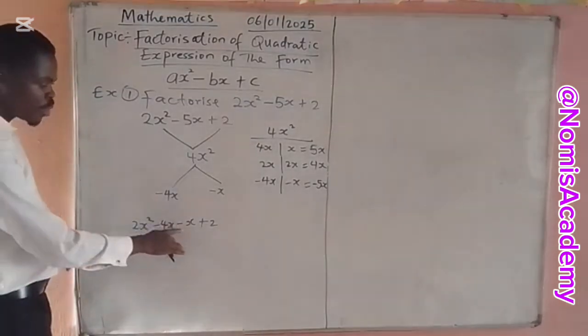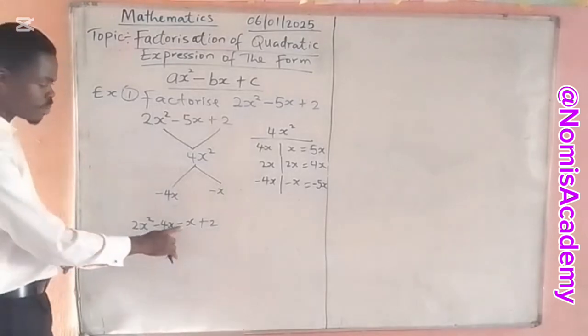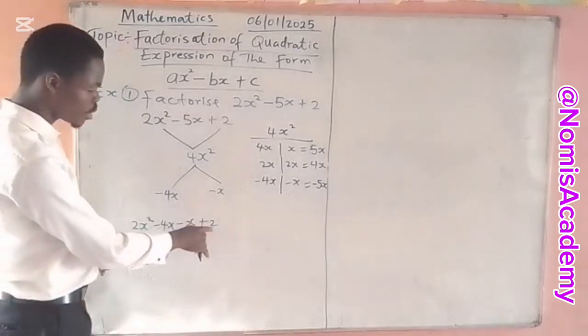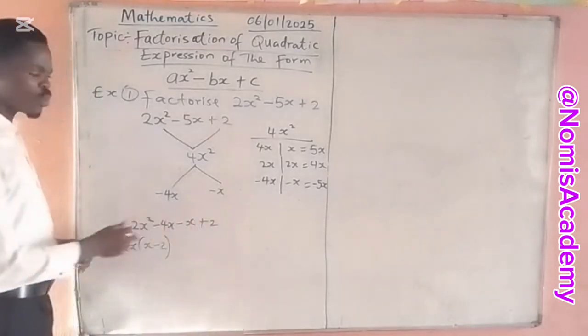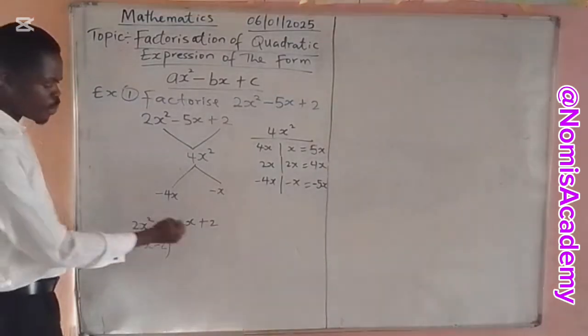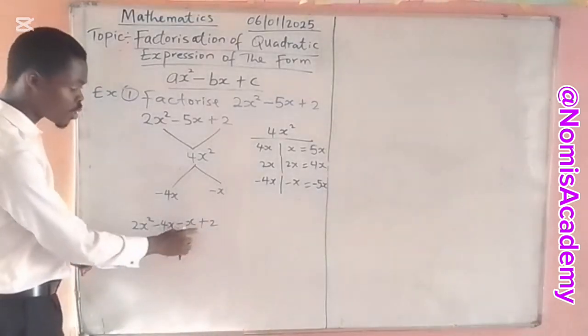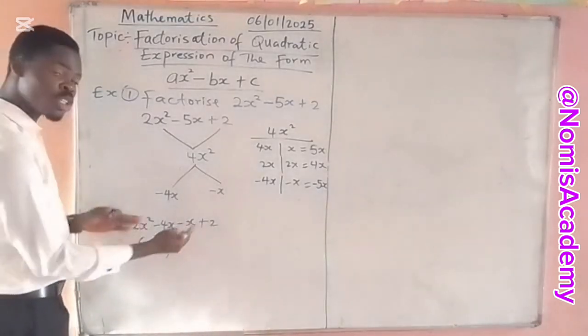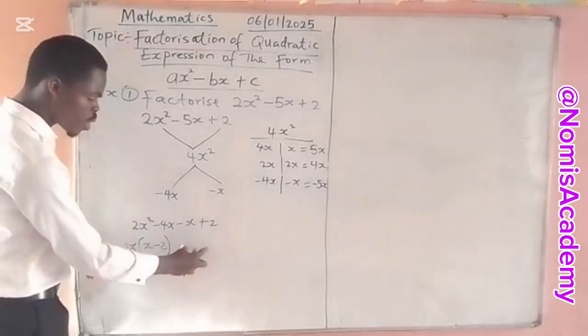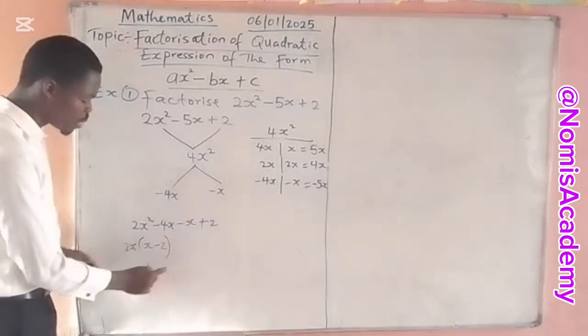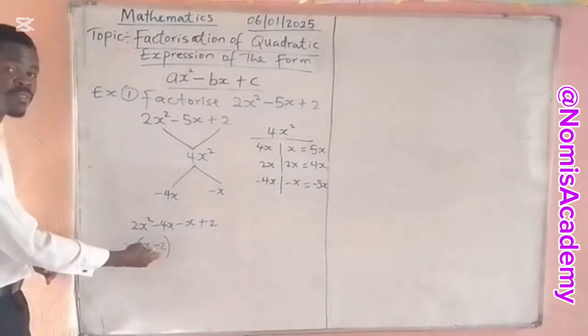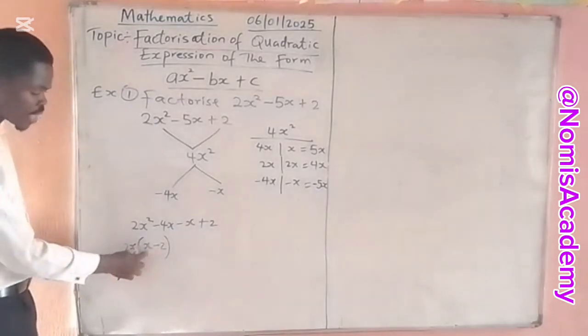Alright? So we move to the next two terms. That is minus x plus 2. What is common between these two? In the process of trying to factorize minus x plus 2, I'm also going to ensure that what I'm going to have in the bracket will be the same with what I have here. What I have here is x minus 2.